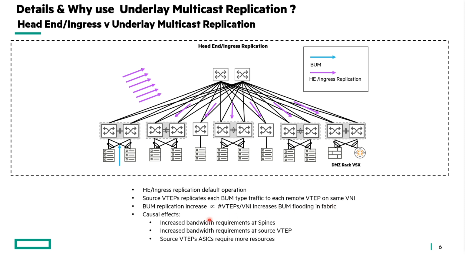And the causal effects are increased bandwidth requirement at the spines, an increased bandwidth requirement at the source VTEP too because of this replication, as well as source VTEP ASICs require more resources.